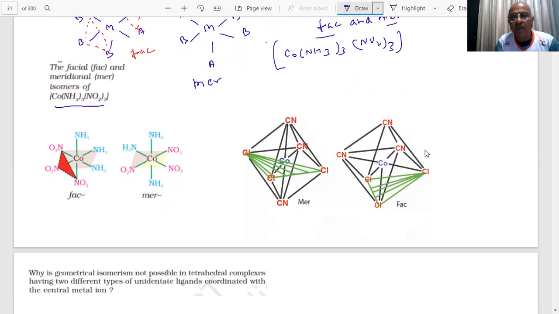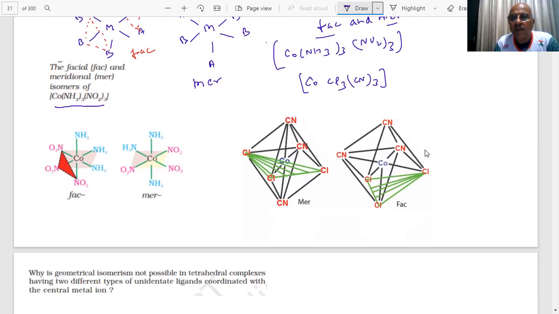And here is another complex, students, which has CoCl3(CN)3. What are the mer and FAC isomers, students?